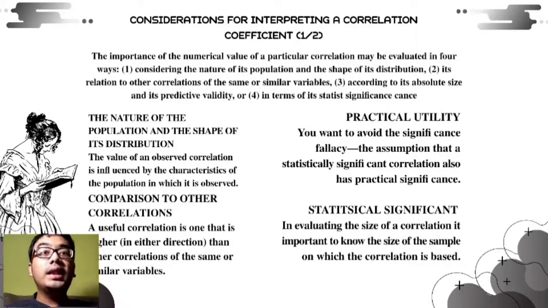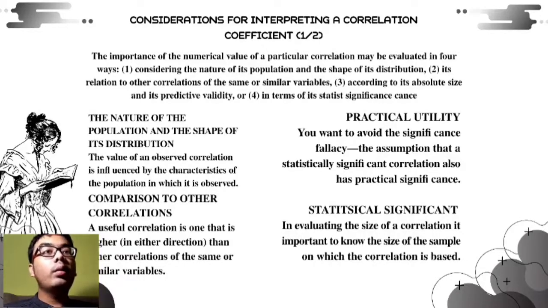And we move to statistical significance. In evaluating the size of a correlation, it is important to know the size of the sample on which the correlation is based. Without knowing the sample size, you do not know if the correlation could easily have occurred merely as a result of chance or is likely to be an indication of a genuine relationship.